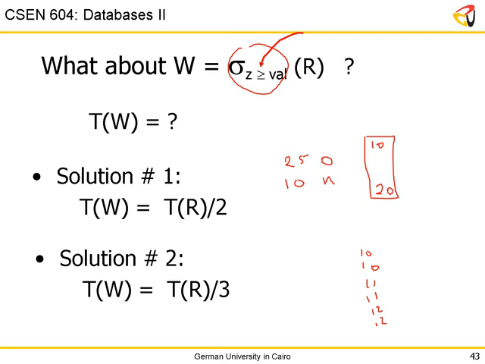Because what the duplicates do, even though they will increase the size of your result set, you are also missing some rows from the table more than in the first approach, because there are duplicates that you don't include in the result set, and they are part of the table. So on average, it's going to be 1/3, because of the existence of duplicates you don't include. That's why the half decreased to 1/3.